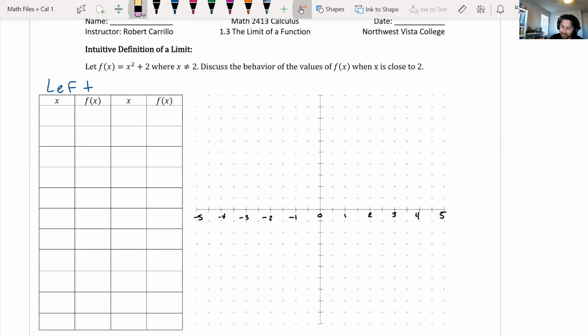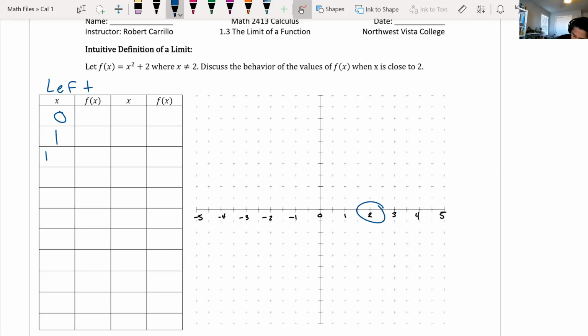So that's what we're going to do right now. I'm going to pick numbers to the left of 2, and I'm going to keep it simple. I'm not going to use anything over here, that's going to be too negative. I'm going to start at 0, and then let's move up to 1. Now I want to get numbers really, really close to 2.